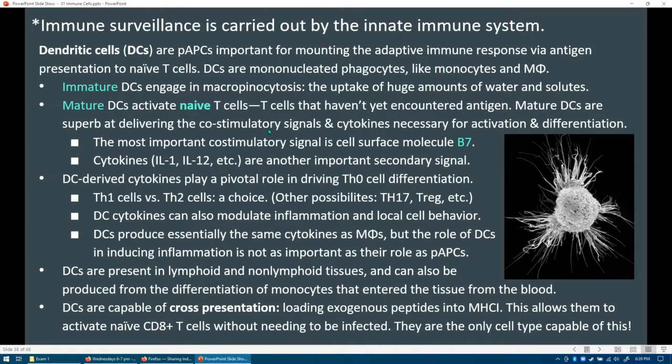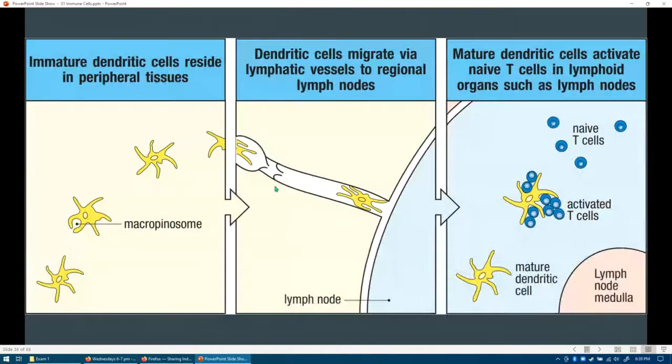Okay, so let's look at the story of a dendritic cell. It'll make a lot more sense when you see this. Normally you've got these immature dendritic cells hanging out in the tissue. However, they then encounter bacteria or are stimulated with cytokines, and they begin taking things up and loading things into MHC2 and into MHC1. They become mature dendritic cells.